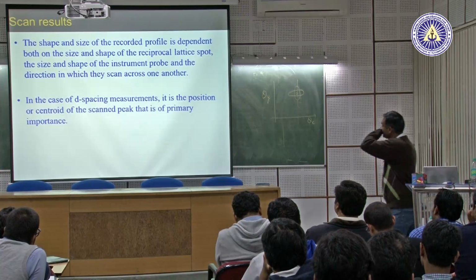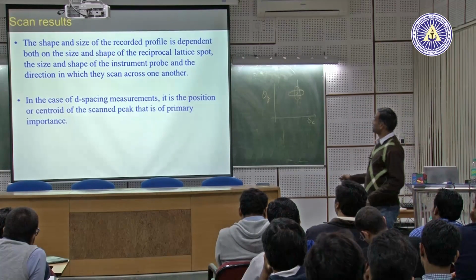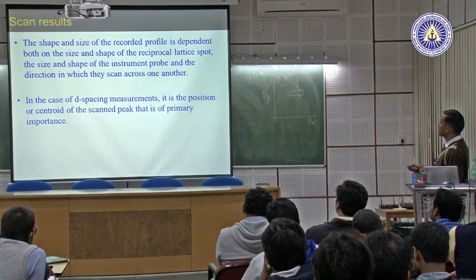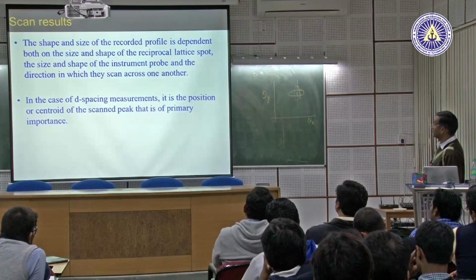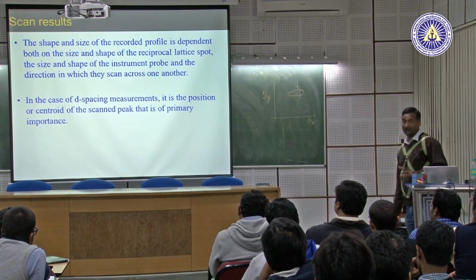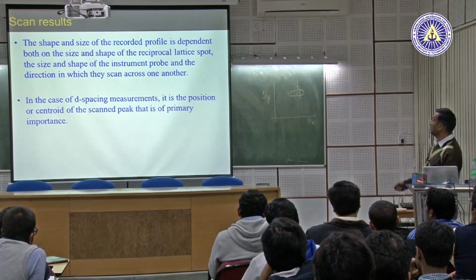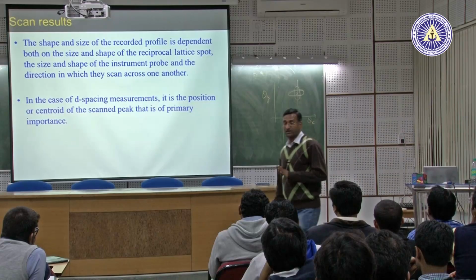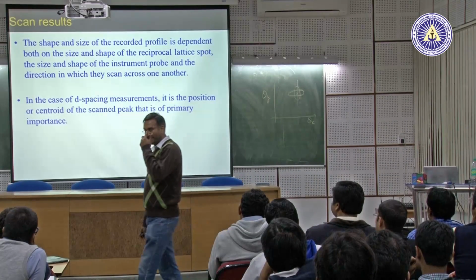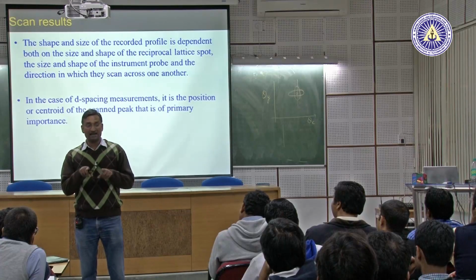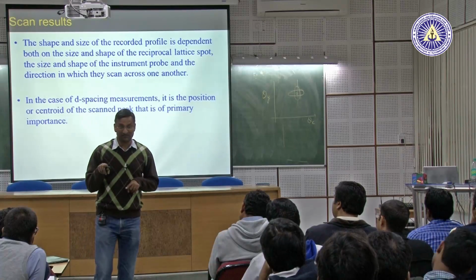So, the shape and size of the profile that you measure is basically dependent upon the shape and size of the reciprocal lattice spot, which means the variations within the sample, but also on the instrument, because remember the X-ray beam itself which is coming on the sample also has inhomogeneities associated with it.